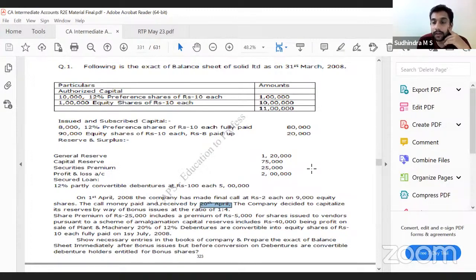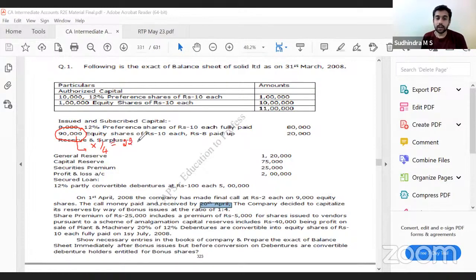Then they are deciding to capitalize its reserves by way of bonus issue at the rate of 1:4. What would be the number of bonus shares? 22,500 shares. There were 90,000 equity shares, so into 1/4, 22,500.